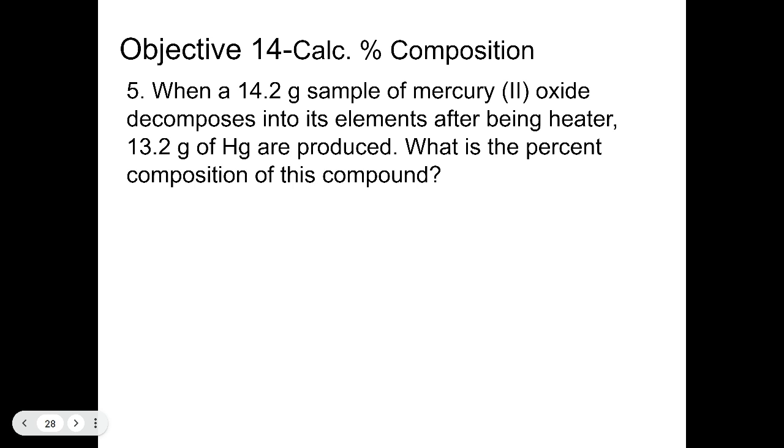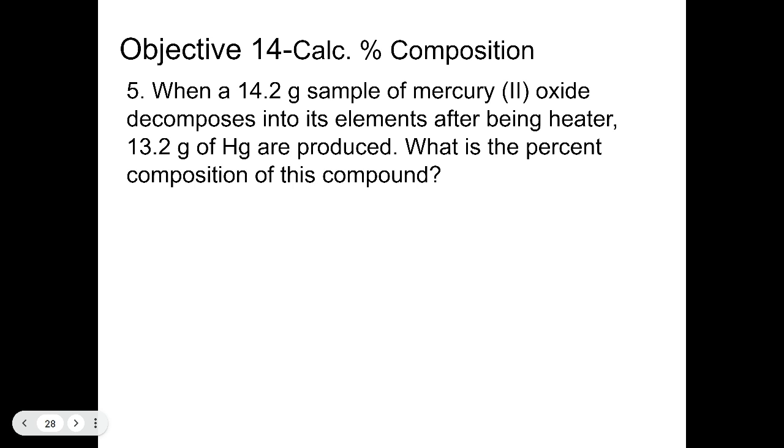Now, again, we could do this one of two ways. We could say that there's 1.0 grams of oxygen that got driven off because it got 1.0 grams lighter, and then divide it by 14.2, or we could just say if 93% of it's mercury, that means the other 7% has to be oxygen. And so that's how we would solve problem number 5.